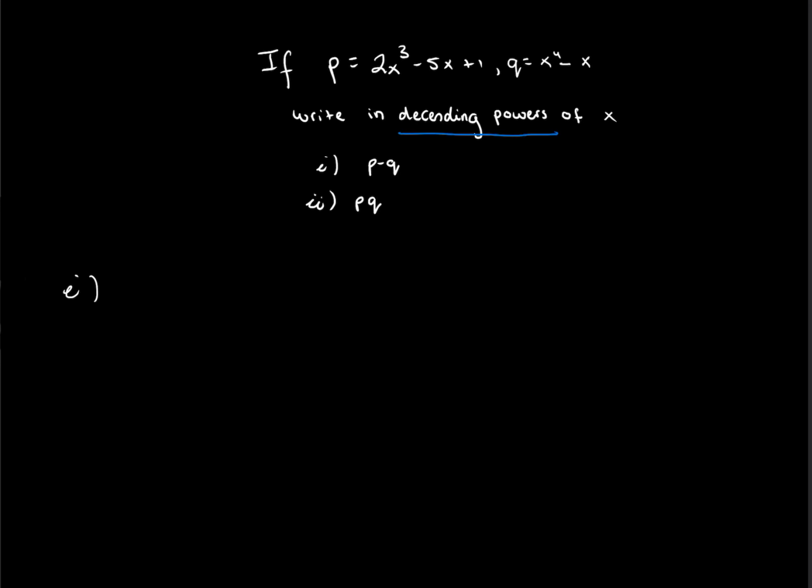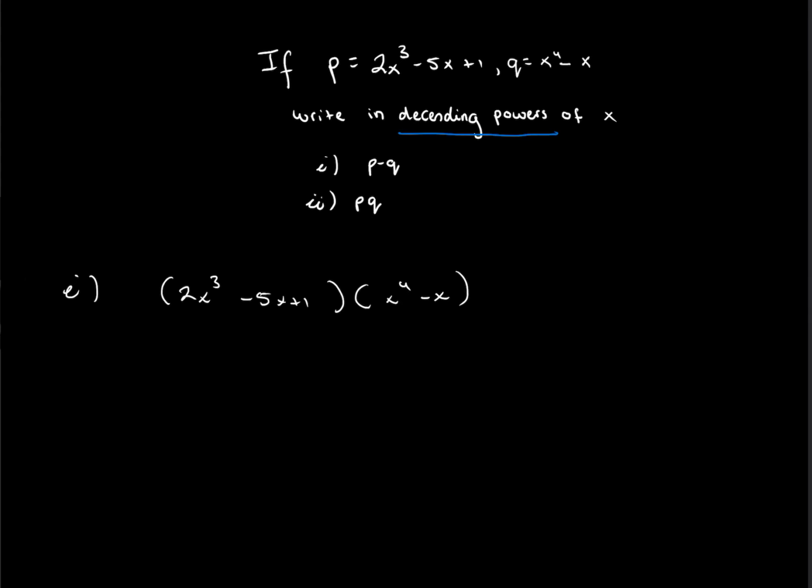Now for pq. This is a bit more difficult because we have to use the FOIL method or any other method of expanding or multiplying brackets. In this question, we are asked to multiply two polynomials, p and q. So in brackets, 2x to the power 3 minus 5x plus 1 and x to the power 4 minus x.